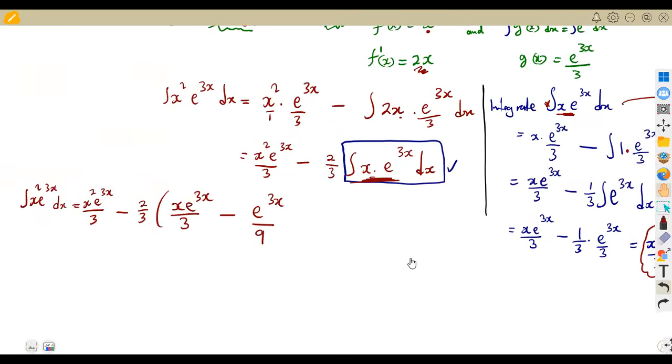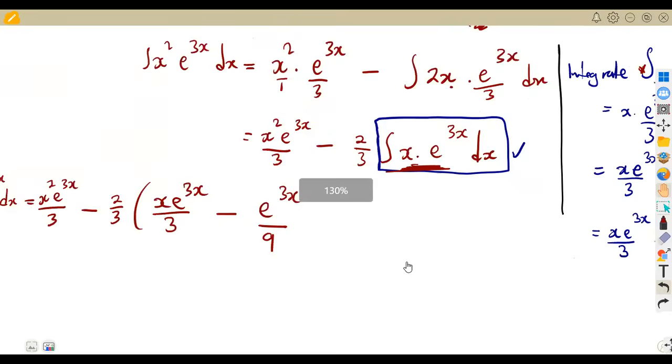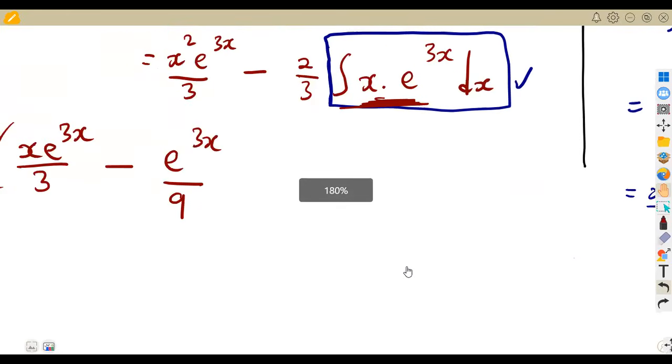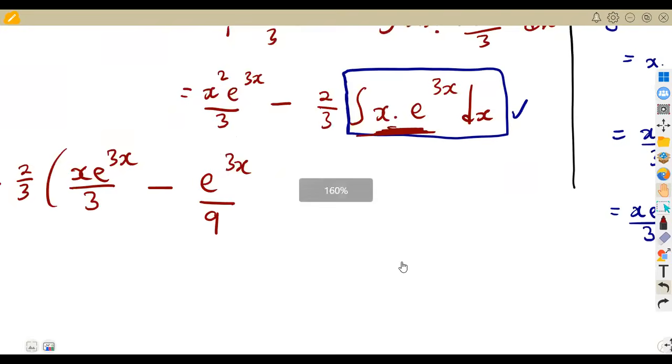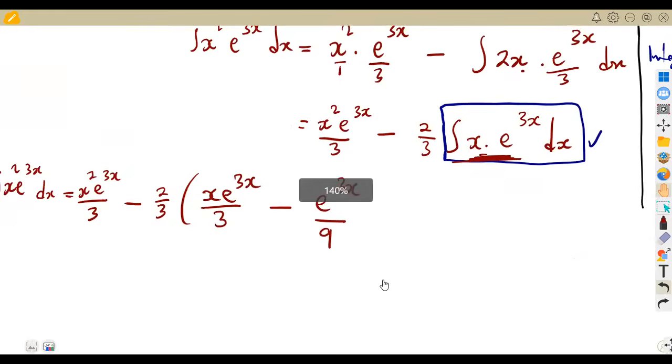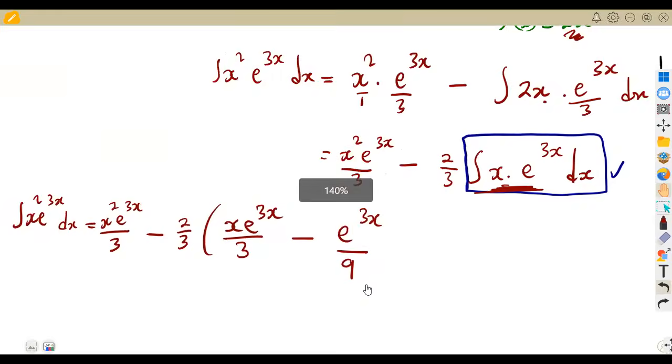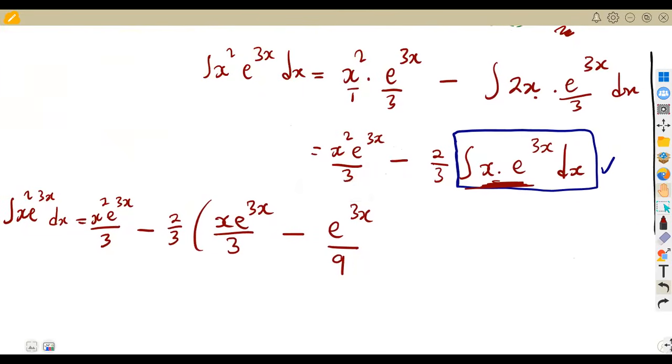So we substituted now this into the integral. All right, let me just reduce a little bit here. So we substituted into the integral that we had before, this one. This is what we had here, because we are supposed to integrate this. And we integrated this, we got this part. All right.